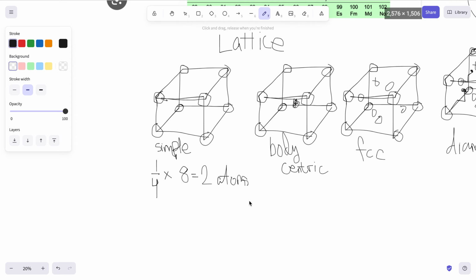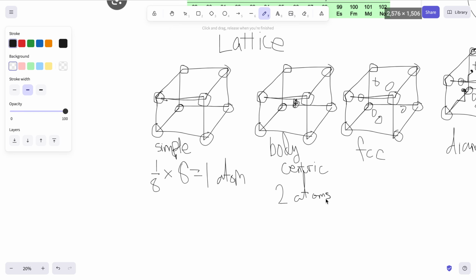Not 1/4, 1/8. My mistake. Each atom would occupy 1/8 of the space, and since there are 8 of them, it'd be 1 atom. For body-centric, it would be 2 atoms because you just have that atom in the middle.